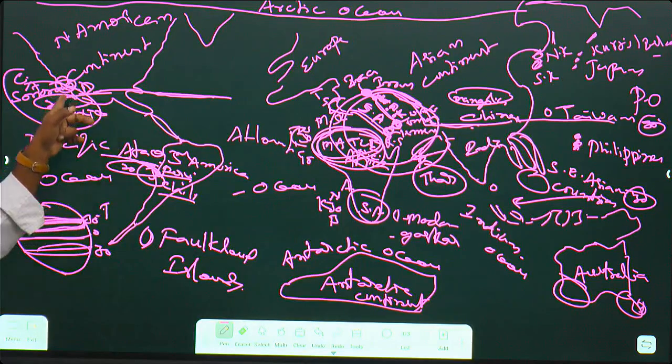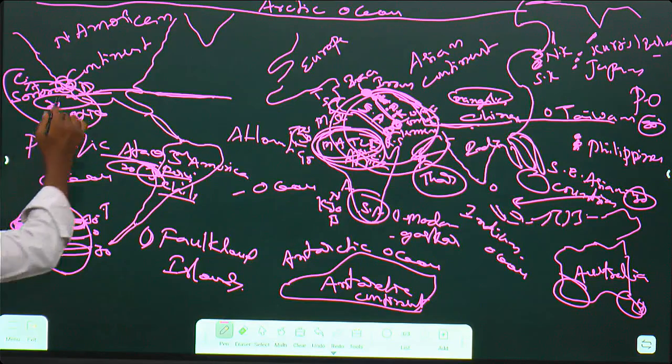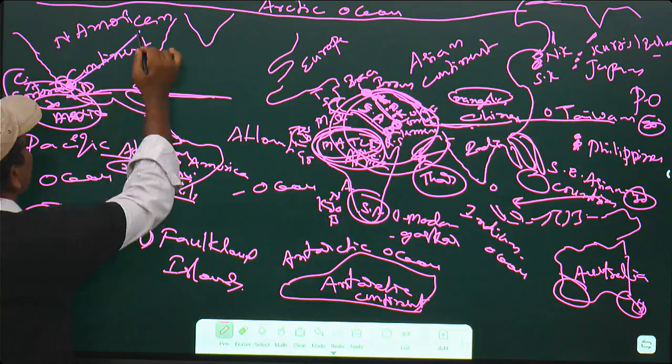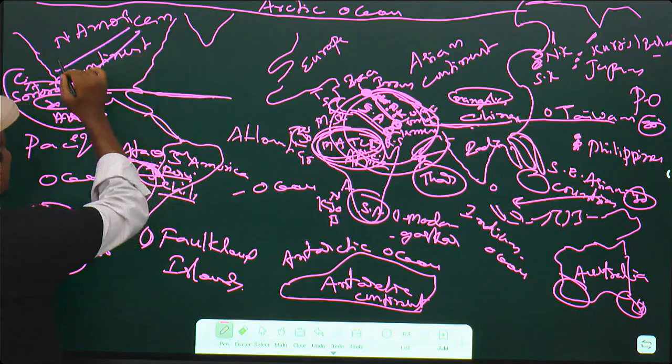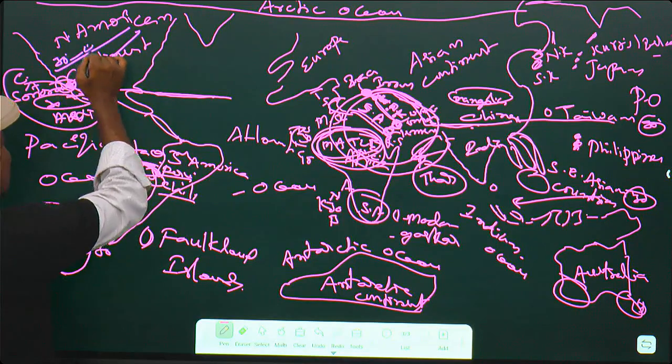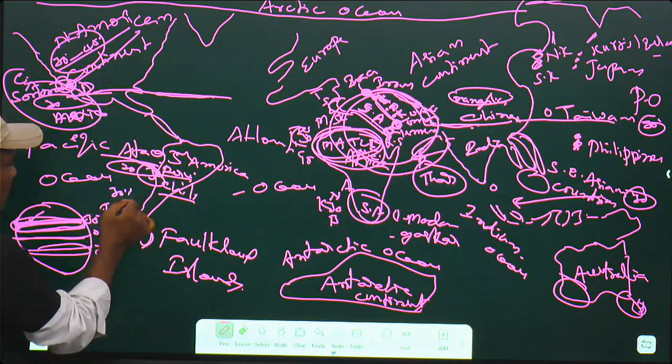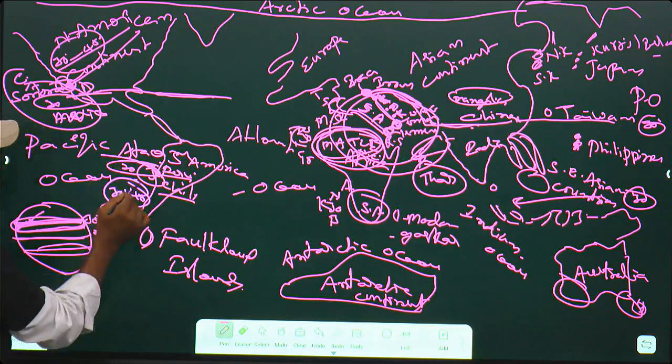Whenever high pressure is located in both hemispheres near 30 degrees, westerlies begin from the western side towards the eastern side. Westerlies blow from 30 to 45 degrees in the northern hemisphere, and 30 to 45 degrees in the southern hemisphere.